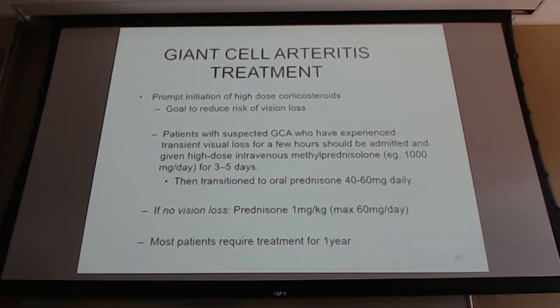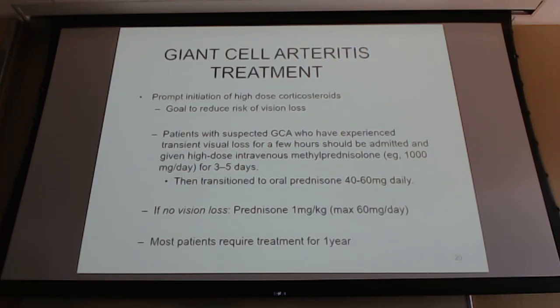If they're coming in here presenting to you, right, they've got that vision abnormality, if they're having some of that jaw pain, if you can palpate that temporal artery, if they could be having some other constitutional symptoms, but the key component is visual loss, then we're going to admit them and we need to get them on some IV prednisone.